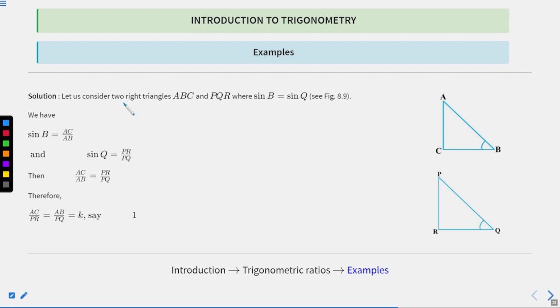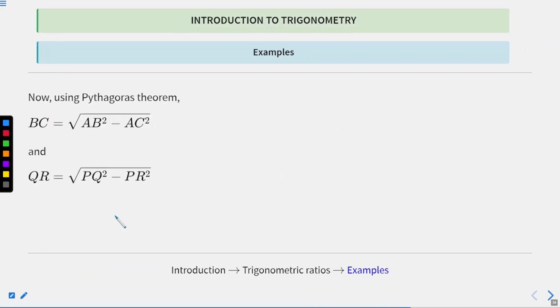Let us consider two right triangles ABC and PQR, where sin B is equal to sin Q. We have sin B equal to AC over AB, and sin Q equal to PR over PQ. Therefore we can let AC over PR be equal to AB by PQ, equal to K.